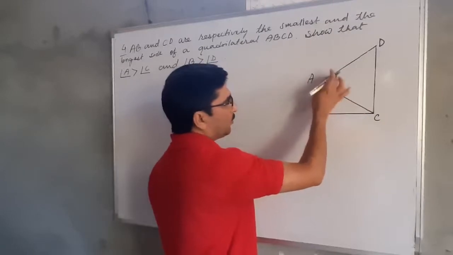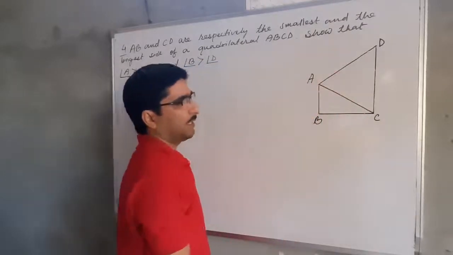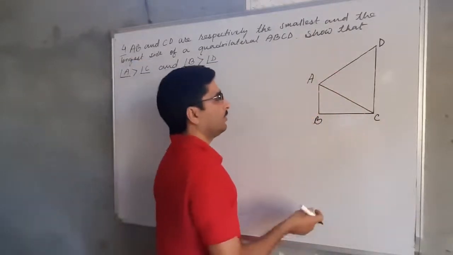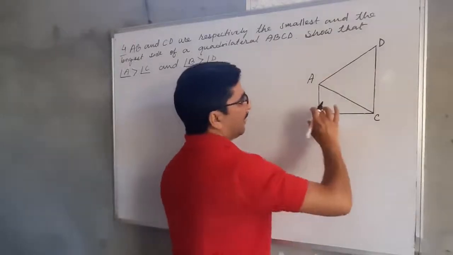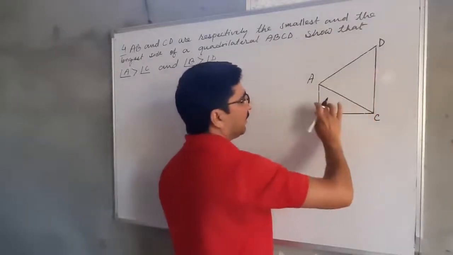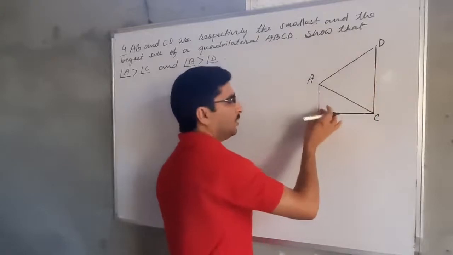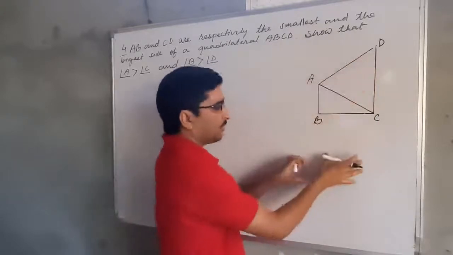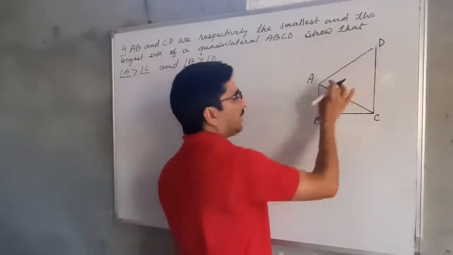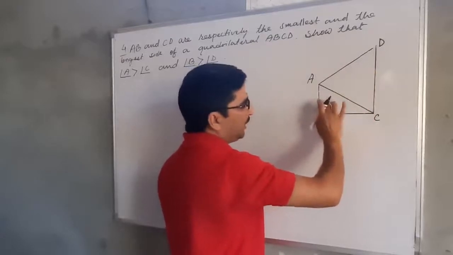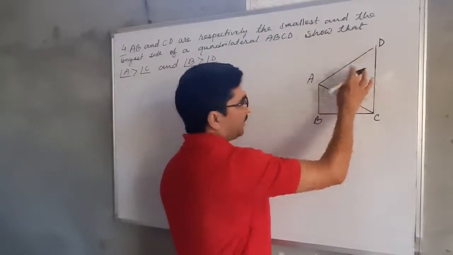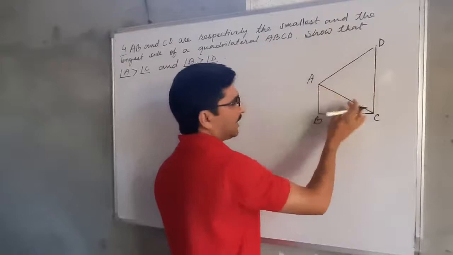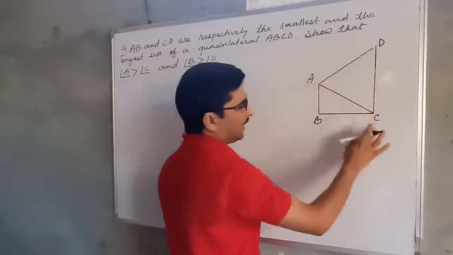To prove angle B is greater than angle D, you draw diagonal BD in another figure. Now I am proving A is greater than C, that's why I have drawn diagonal AC.